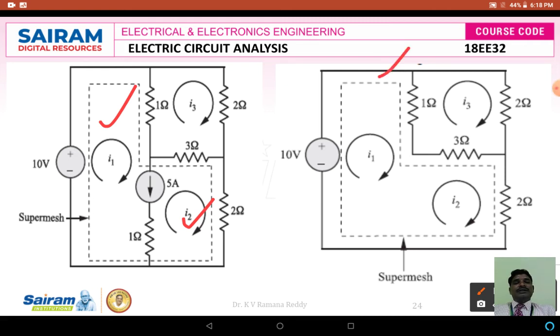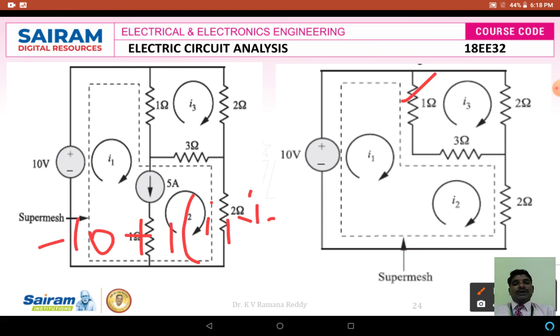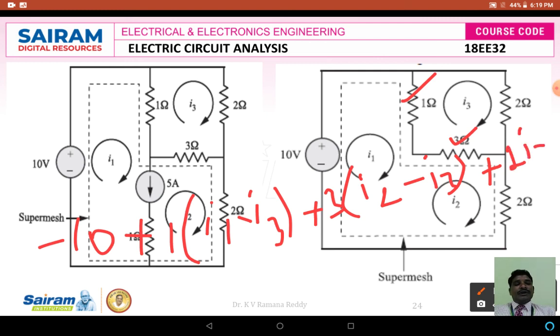With respect to this dotted line, I am going to apply the KVL equation, which is as follows: minus 10 plus 1 into I1 minus I3, because the 1 ohm is located between the boundaries of mesh 1 and mesh 3, plus 3 into I2 minus I3, because this 3 ohms is connected between the boundaries of 2 and 3, plus 2 into I3, because it is the self resistor only for loop 3, is equal to 0.